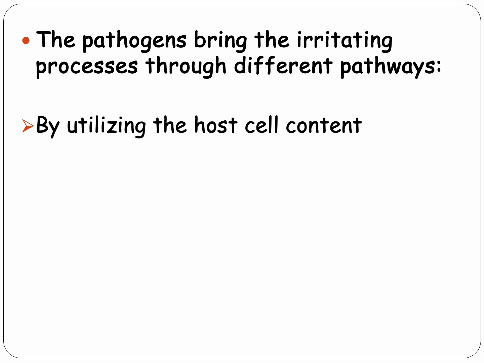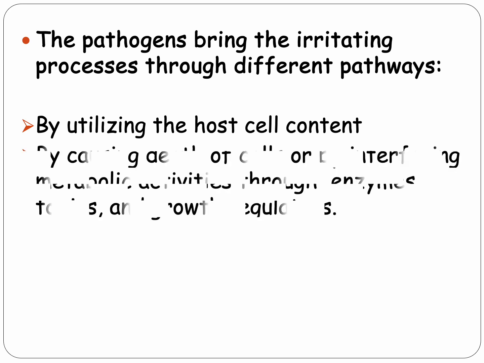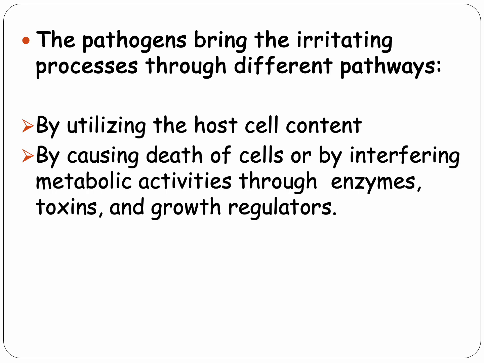When a virulent pathogen attacks a susceptible host, that is our agricultural crop, it always tries to reach the cell and the cell content, because the cell content acts as the main source of nutrition, and these nutrients are required for the growth and development of the pathogen, followed by causing death of the cells or by interfering with metabolic activities through enzymes, toxins and growth regulators.